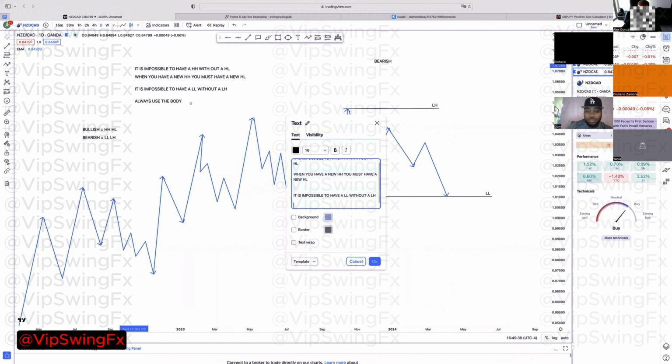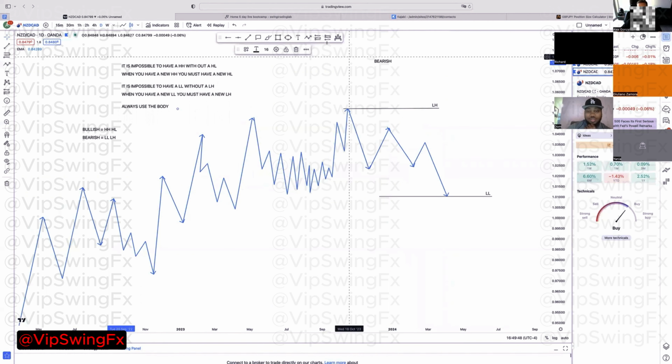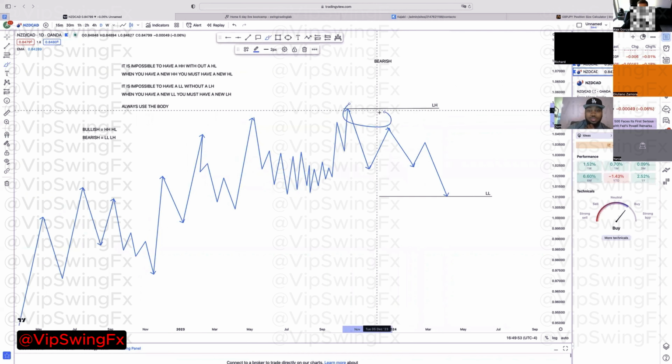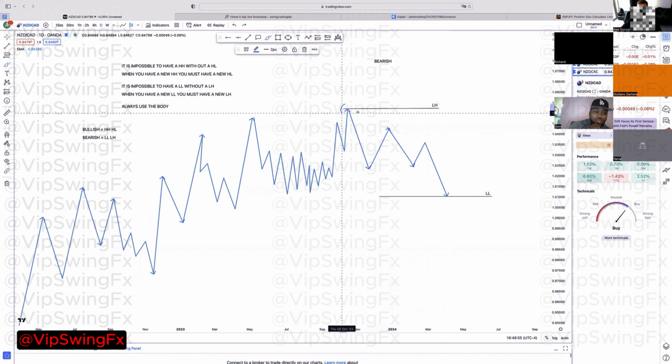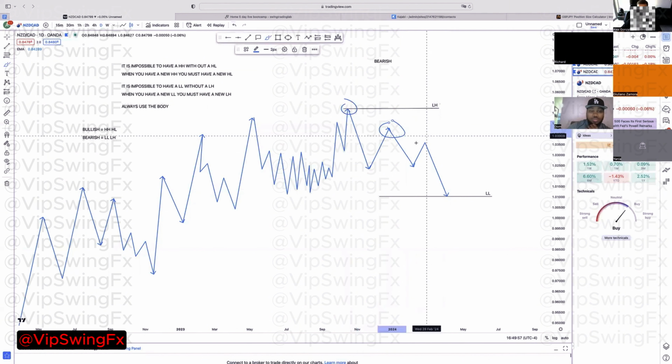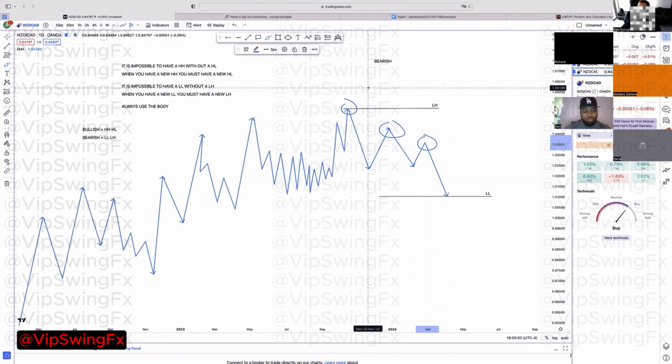When you have a new lower low, you must have a new lower high. It's so simple. So where is the lower high? Is the lower high at 1, 2, or 3? You guys are seeing how easy it is, right?